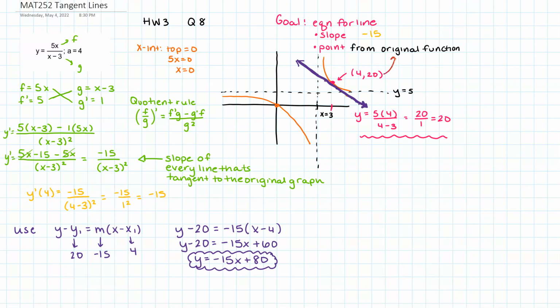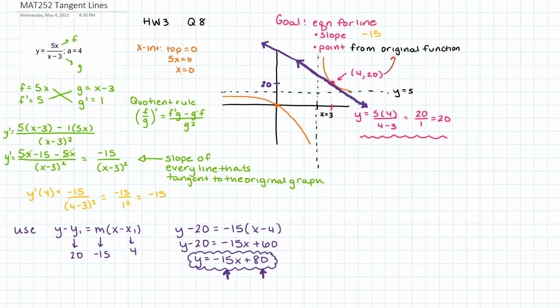Now, we know that this point that it's touching at is like a height of 20. So is where this touches the y-axis bigger than 20? Well, it should be. Let's look. Oh, yeah. Well, that's 80. So we probably have the right answer, or at least we don't have any red flags yelling at us saying, hey, you did this wrong.